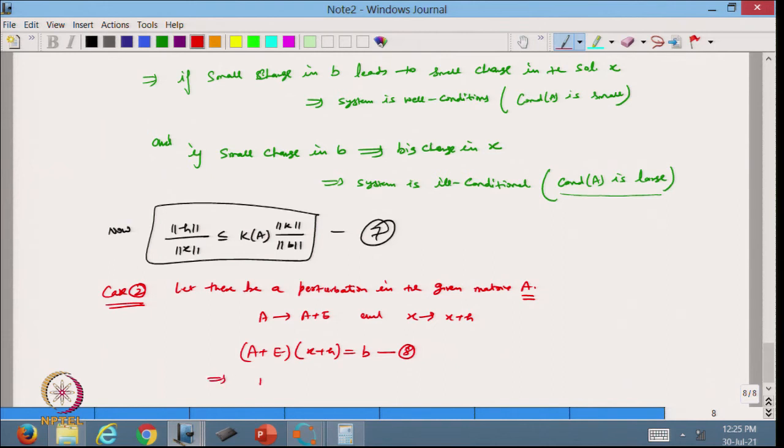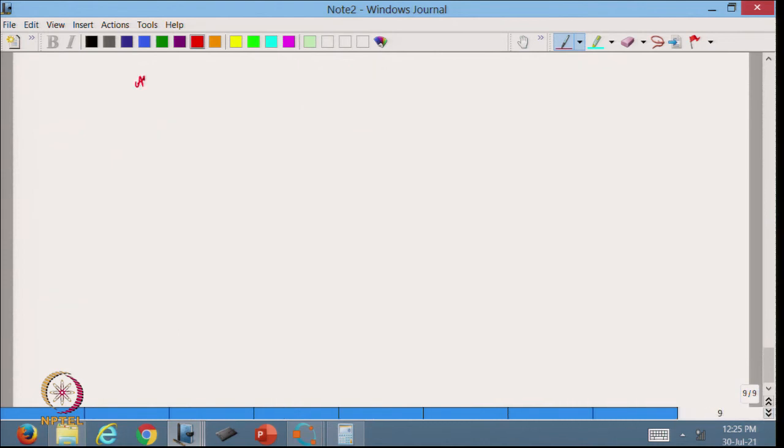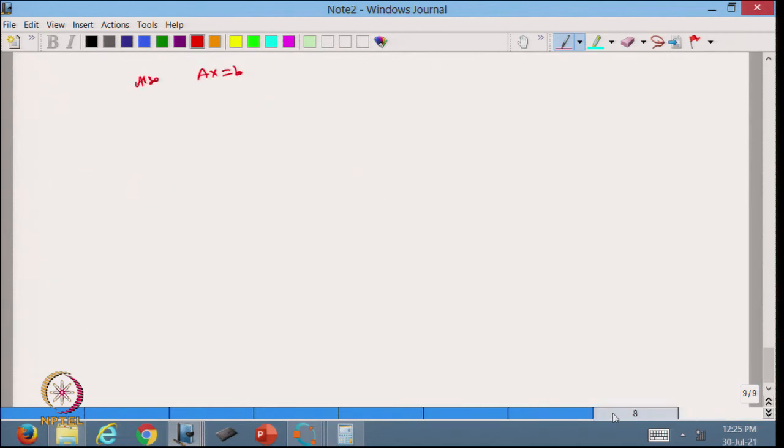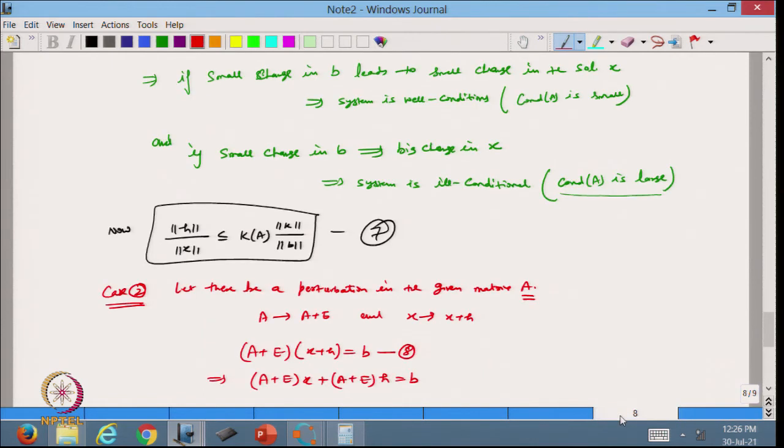From here I can write this as AX plus AH plus EX plus EH is equal to B, that is (A plus E) times (X plus H) equals B. Also AX is equal to B, which is equation number 1. So from equations 8 and 1, AX is equal to B, and B will cancel out.